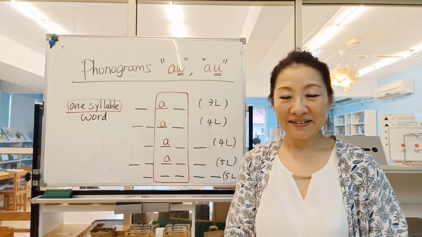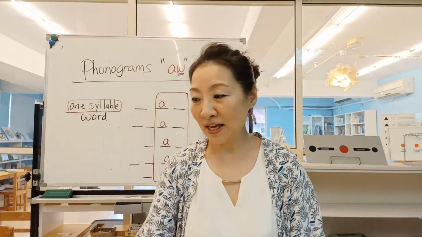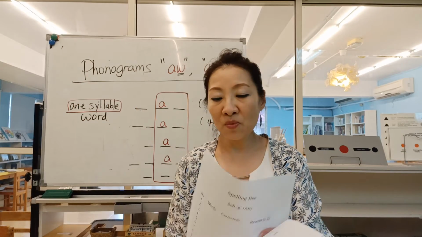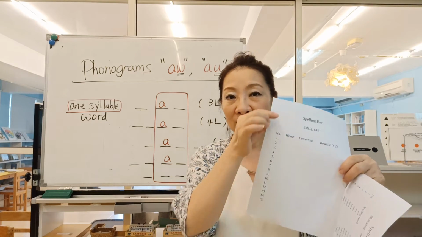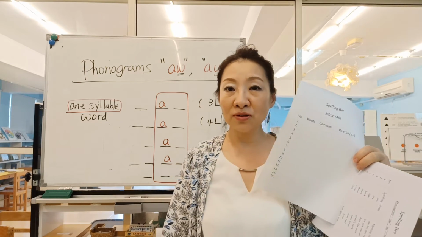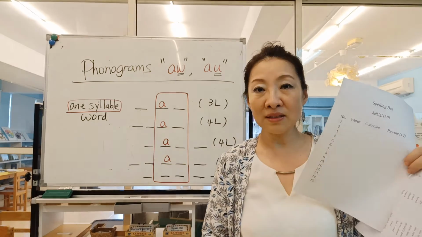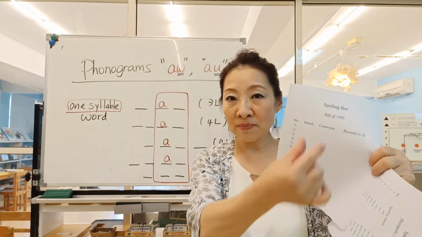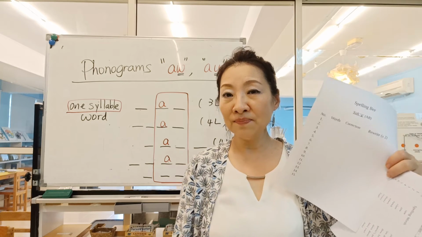Now you get the same task sheet. The task sheet is more like last time. You have a column to write down all the words. And after that, you check with my answer sheet, and later you correct them in the middle column.